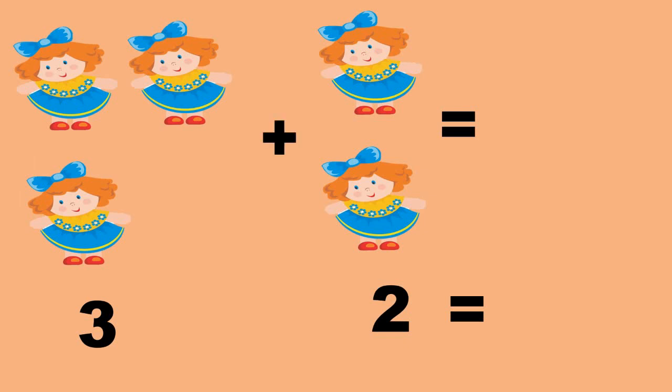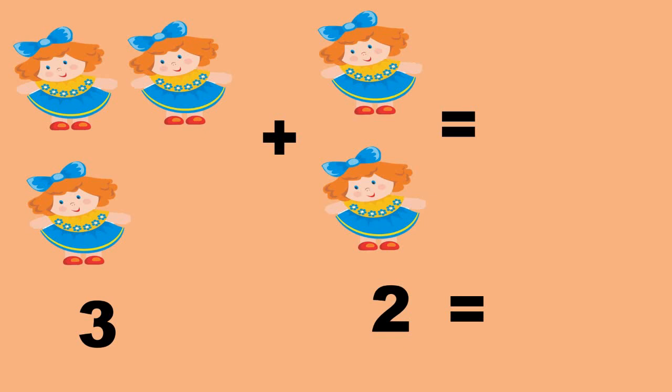So student, first we have to identify which is the bigger number. So here 3 is the bigger number. So we have to add 2 more dolls to 3. So here we have to count after 3 because 3 is the bigger number. So how many steps do we have to go forward?